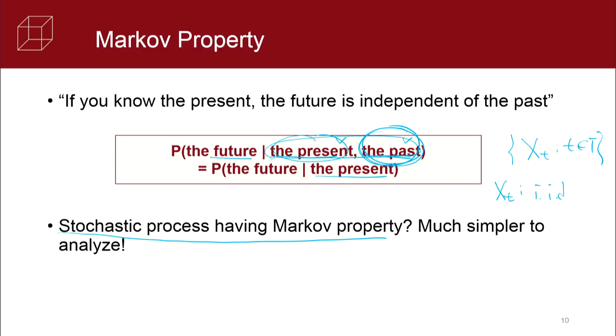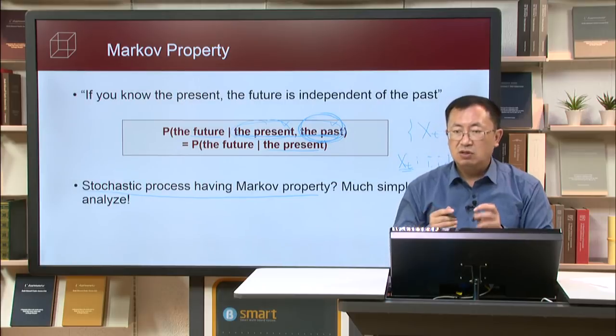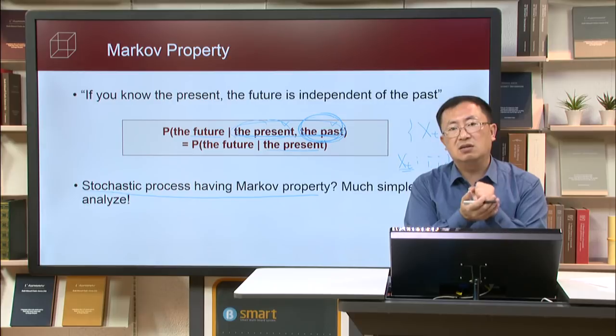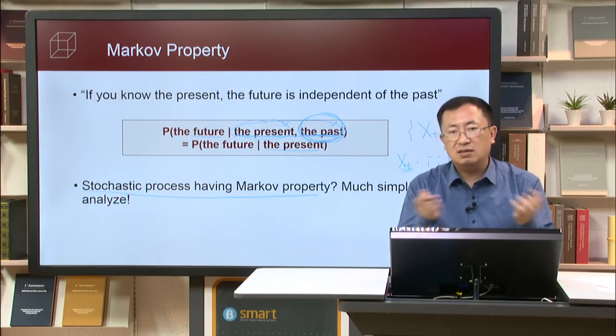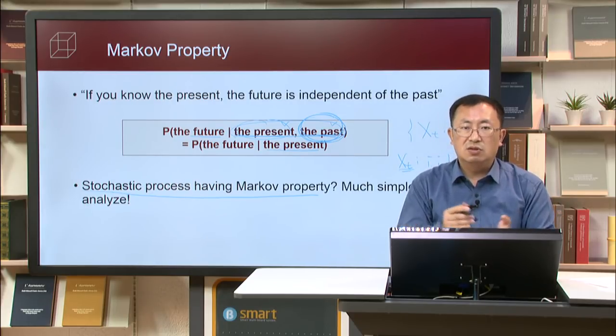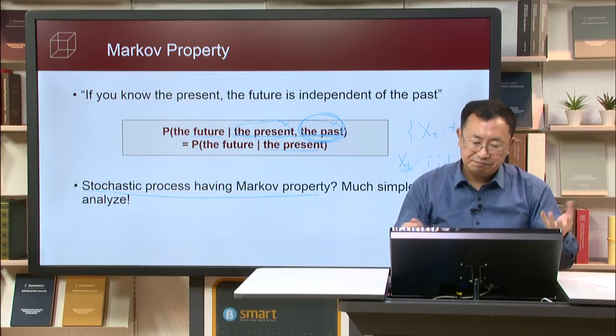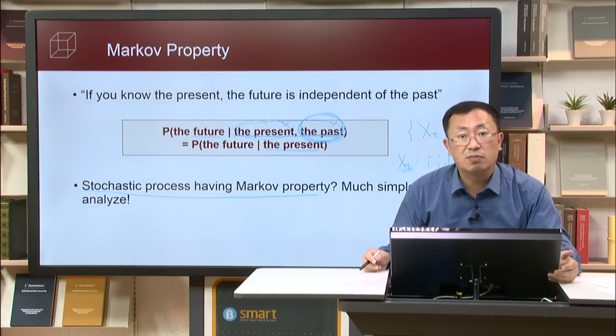In that case, Xt are independent of each other, so the conditional probability is the same as the probability of itself. And Xt is identical over time, so you just take a look at a single random variable, and that's it. There is no more calculation about this kind of conditional probability.